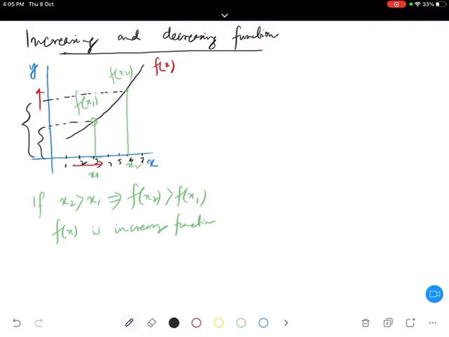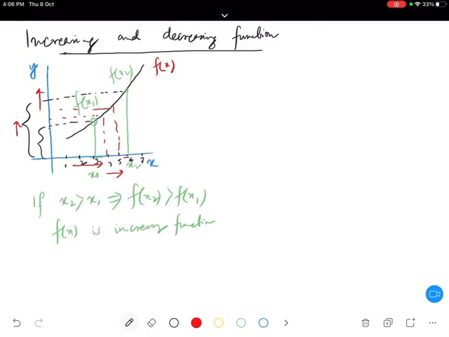For 4, the function value is more than 3. For 5, the function value is more, and for 6, the function value is the greatest. Yes? So if you keep on increasing the value of x, the value of f(x) increases. Am I clear? Understood? समझ में आया कि नहीं?